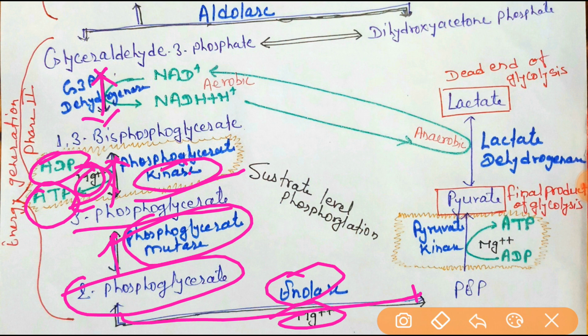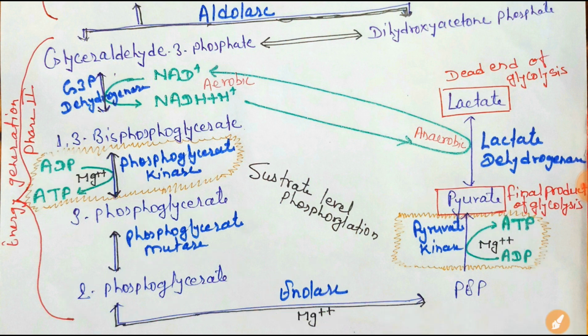Then phosphoenol pyruvate is converted to pyruvate by the enzyme pyruvate kinase in presence of ADP, which forms ATP. The metal used is magnesium 2 plus.